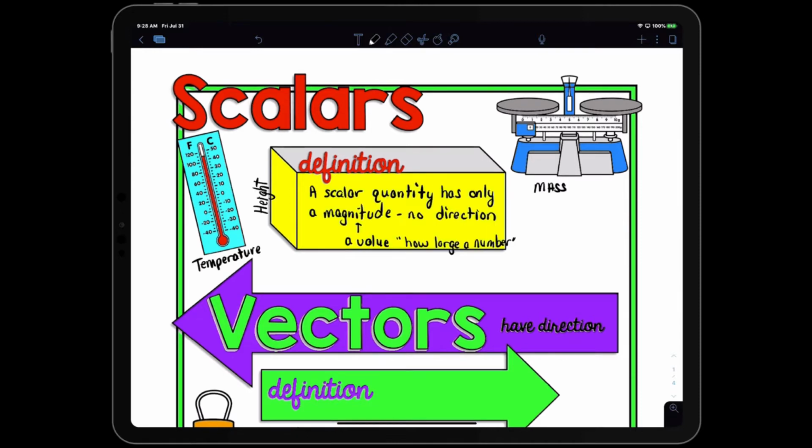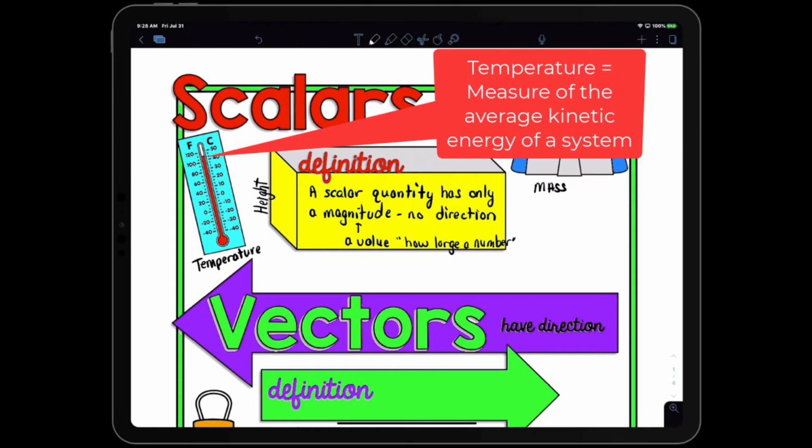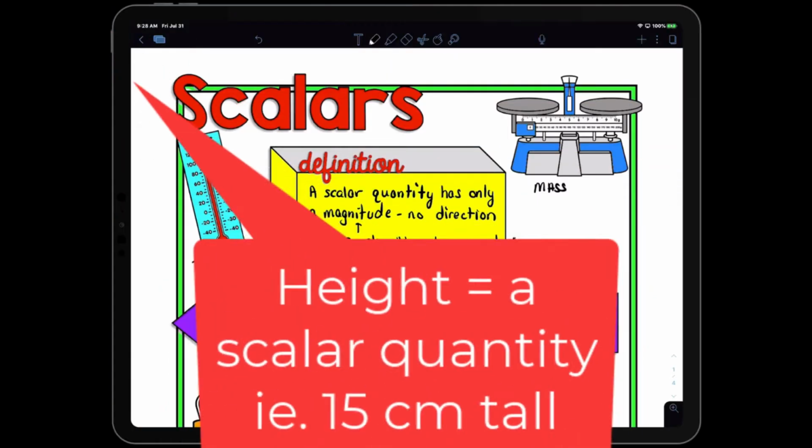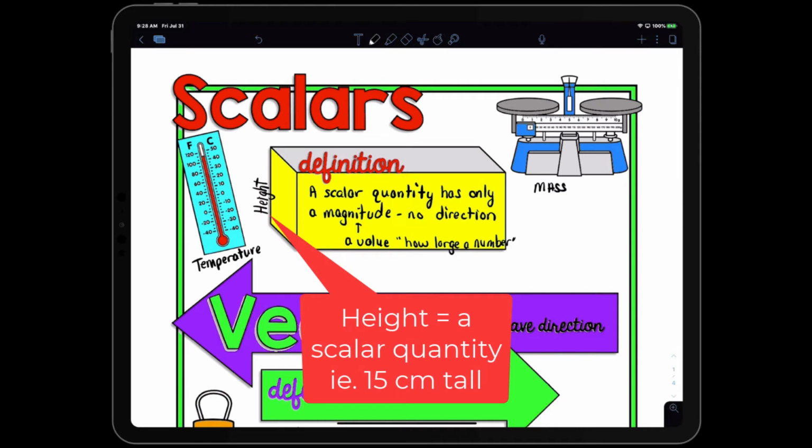When we're looking at different types of scalar quantities, one might be the temperature inside of a room. There's no direction associated with it, but we can see on the scale that we're looking at approximately 58 degrees Fahrenheit. There's no north, south, east, or west with that. When we're looking at the height of the yellow box, the height tells you how many centimeters tall that is.